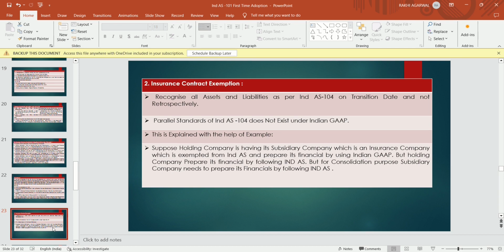Yes, because for consolidation purposes it is mandatory for the subsidiary company, even though it is exempted from preparation of Ind AS. For consolidation purposes, it needs to prepare its financials as per Ind AS.